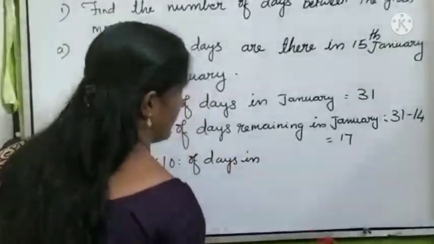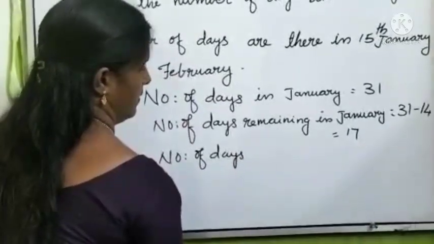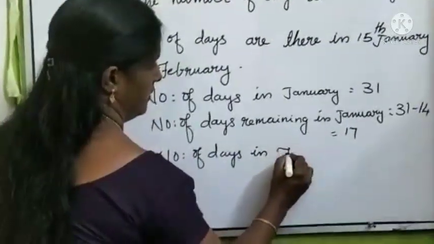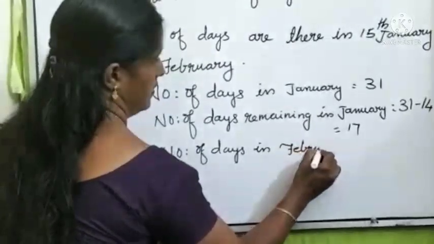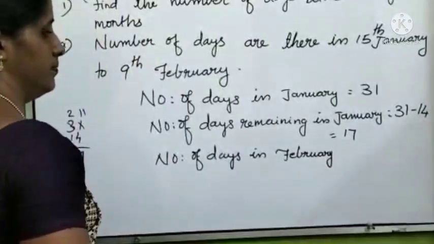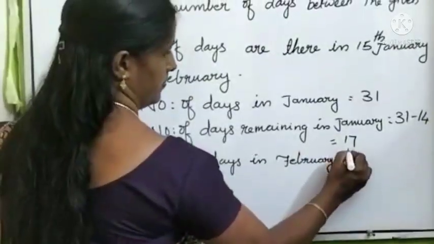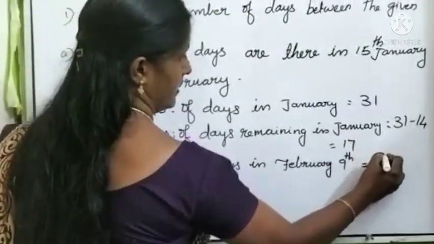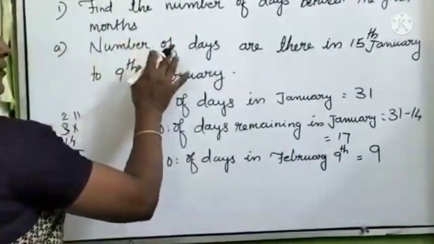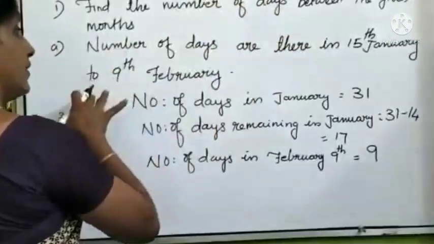Number of days in February, 9th. That is 9 days. Understand? So, we need to find the number of days from 15th January to 9th February.